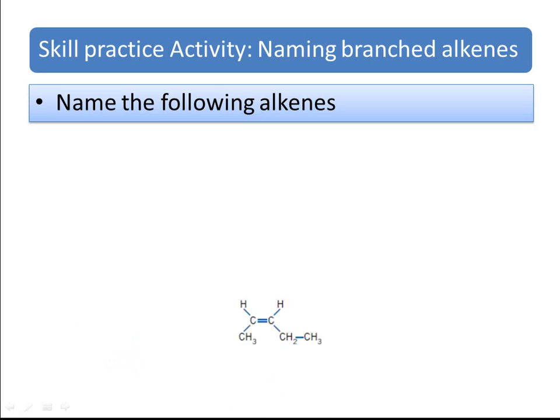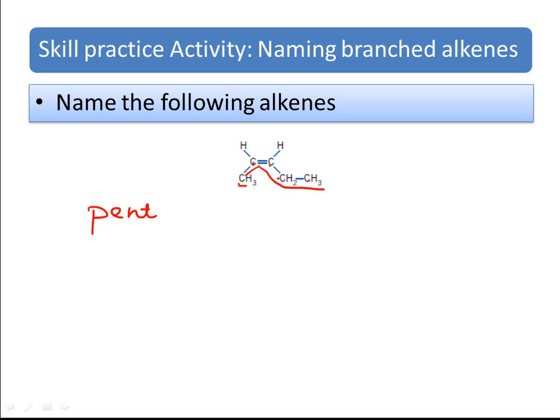I'll move on to the next alkene, which is this one here. When we're looking at this one, the longest chain possible is from here all the way up to there. So I've got 1, 2, 3, 4, 5. I've got 5, so it's another pent again.